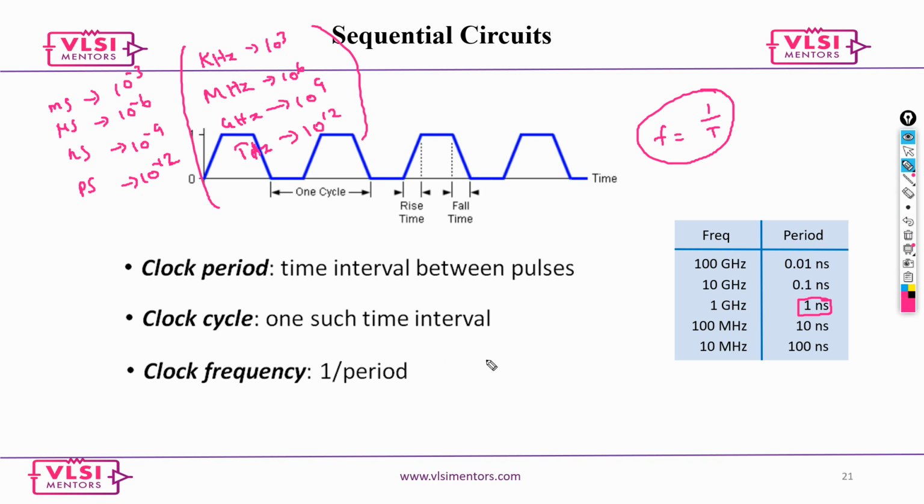For example, F is equal to 1 by T, where T is 1 ns, which is 10 to the power minus 9. When you solve this, it is 1 into 10 to the power 9. The minus 9, when it goes to the top, becomes positive 9. So this is going to be 1 gigahertz.